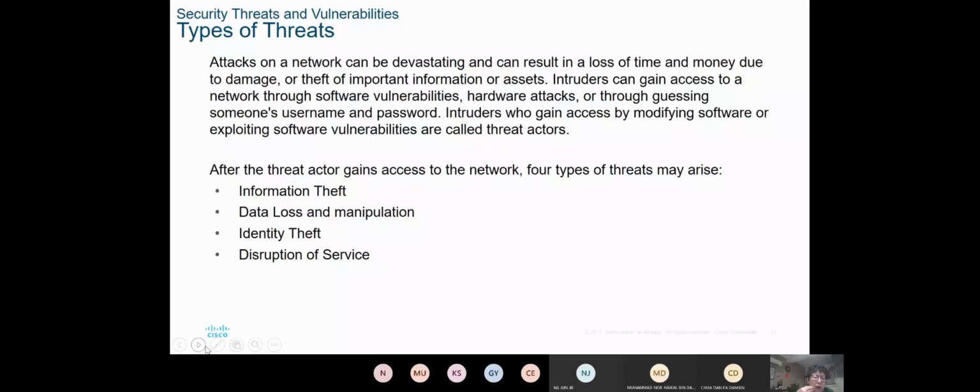So the types of threats that we have for our network are: you lose your information, your data is manipulated or altered, or somebody steals your passwords or usernames, and with that they steal or manipulate your information, or sometimes they cause your network to be disrupted, so you don't have any of those common network services.